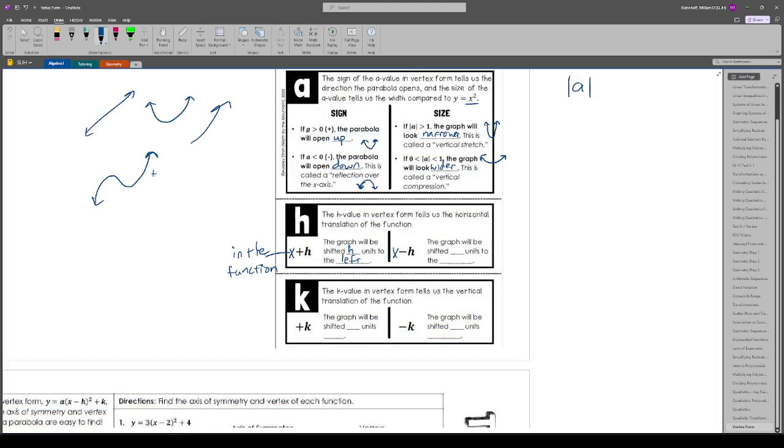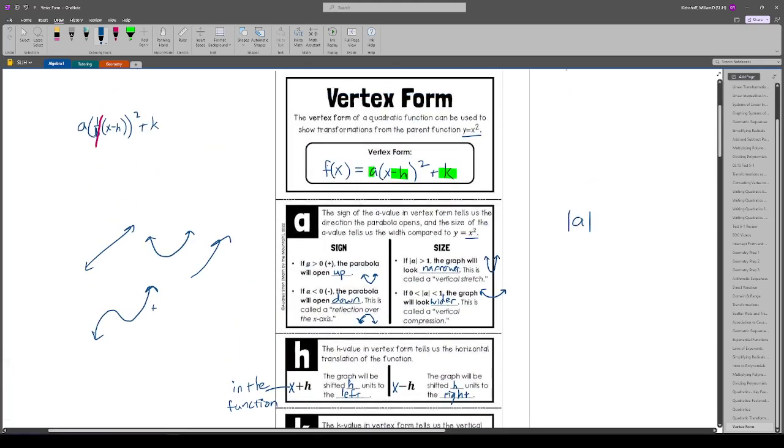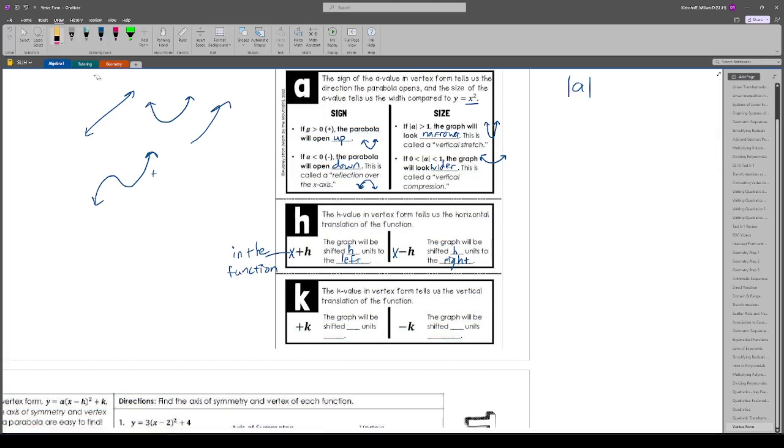X minus h, it's going to go h units right. Technically, that's not accurate because the equation says x minus h, so it's the opposite of what h is. I guess let's do it the right way.